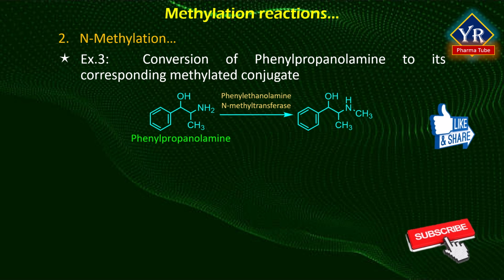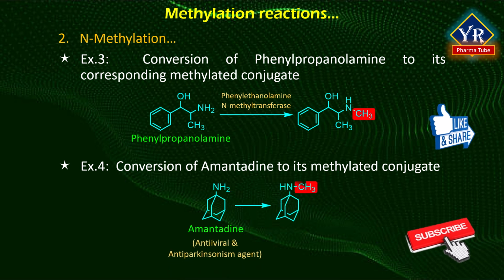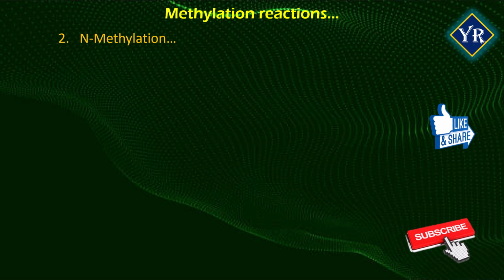Phenylethanolamine N-methyl transferase methylates a number of endogenous and exogenous phenylethanolamines such as normetanephrine and norepinephrine, but does not methylate phenylethylamines. The other example is the antiviral and anti-Parkinsonism agent amantadine in dogs and the in vitro N-methylation of norepinephrine in rabbit lung preparations.